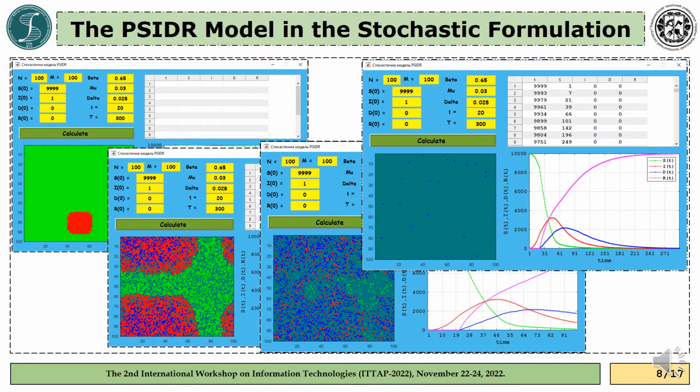On this slide we have a result of modeling using cellular automata. Here you can see the process of the cellular automata at different points in time. You can also see the general statistics of the distribution of malware.